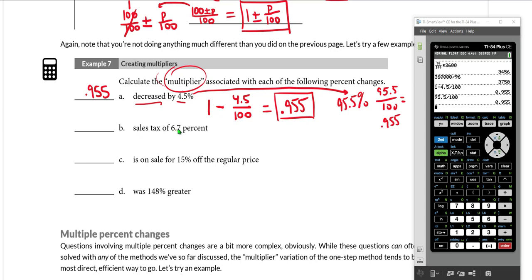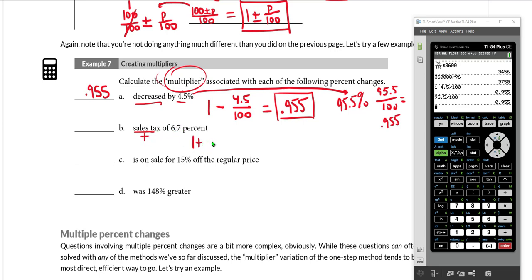So the sales tax of 6.7%, some of my students don't know that sales tax is actually added to a sales price. Some students think that it's subtracted or just get confused altogether. Sales tax is above and beyond a sales price. So this 6.7% is an increase.